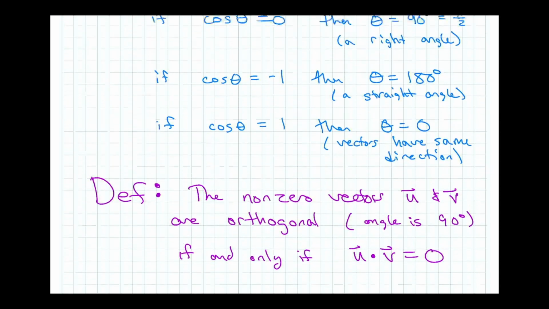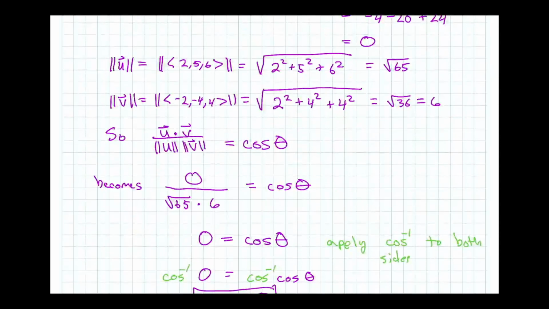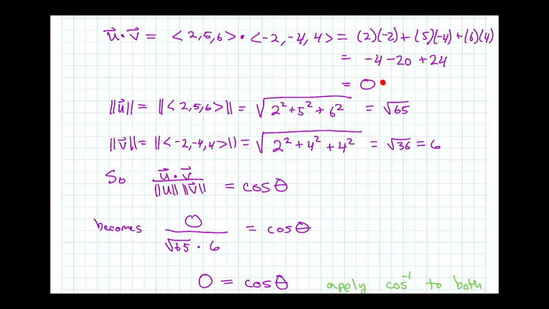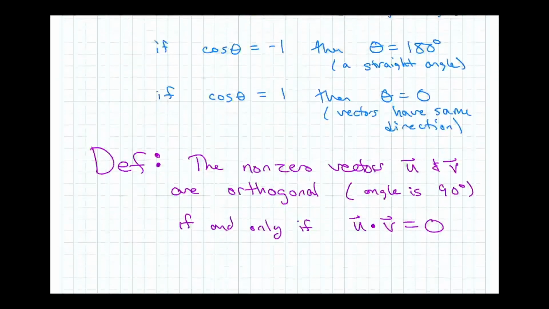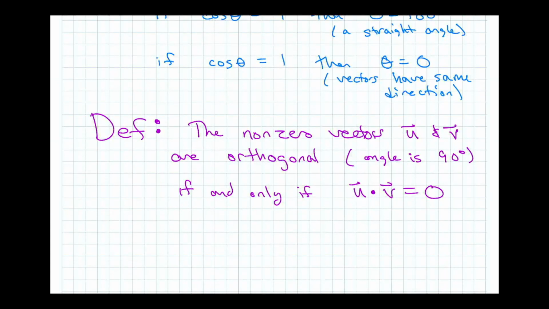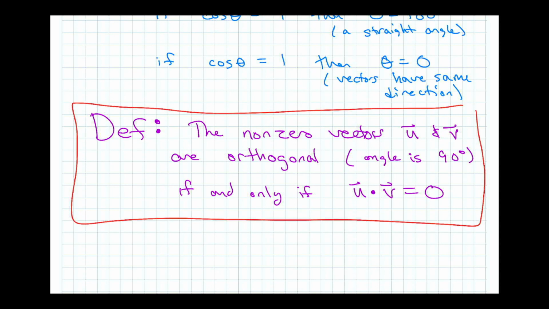So back up here, as soon as this dot product came up 0, I knew that the angle was 90 degrees between them. But I just continued on with the problem because we didn't know as a class. But now we do. So dot product is 0 means angle 90 degrees.